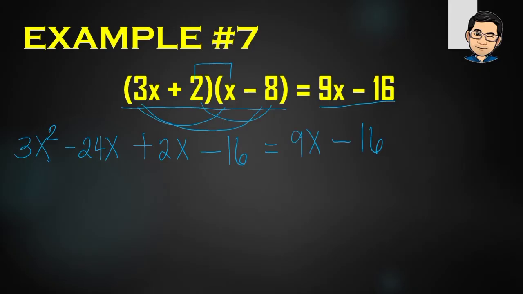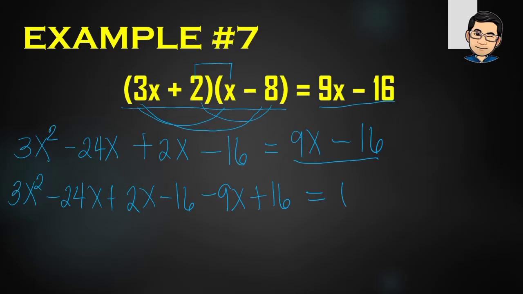Now, itong 9x minus 16 na to, kailangan natin siyang ilipat sa left side para equal 0 na lang siya dito. So, ang mangyayari, 3x squared minus 24x plus 2x minus 16, and then minus 9x, and then itong negative 16 na to magiging plus 16 equals 0.